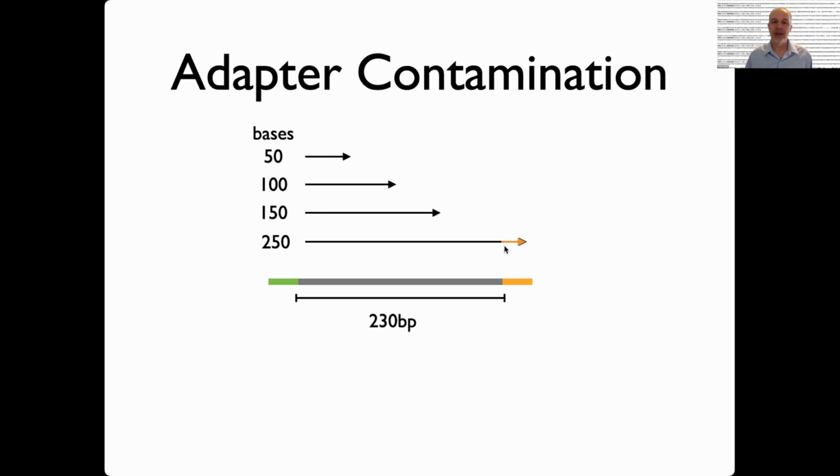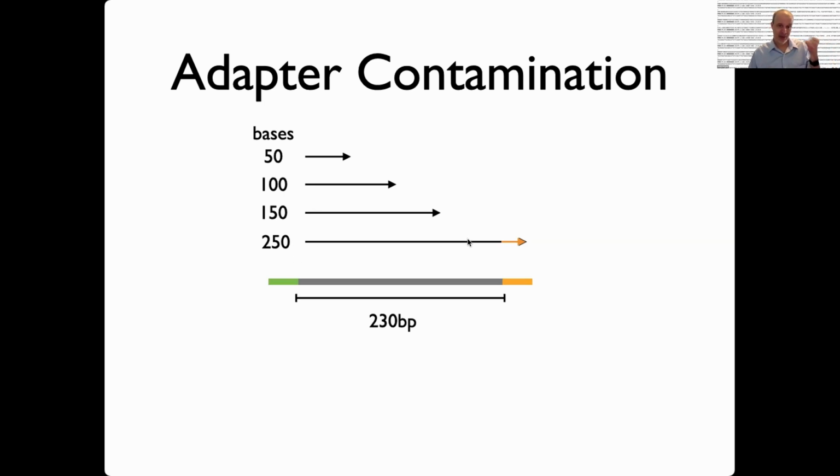Now, of course, you have to have some sort of threshold, because if you allow trimming of any sequence that matches the adapter, even a single base, well, every single base in the biological sequence matches somewhere in the adapter, right?